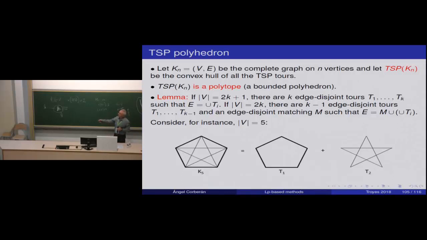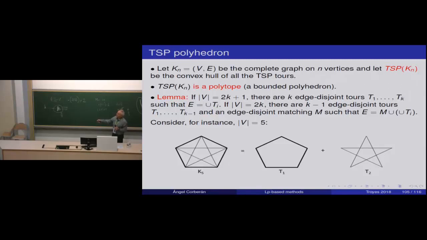The TSP polyhedron. The TSP, you know, is defined on a complete graph. The convex hull of the TSP tours, of all the feasible solutions to the TSP, is a polytope. That means it's a polyhedron that is bounded. There is a result that I need to prove the dimension of this polyhedron.